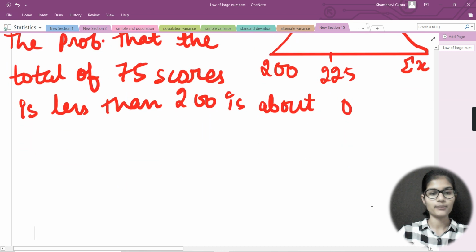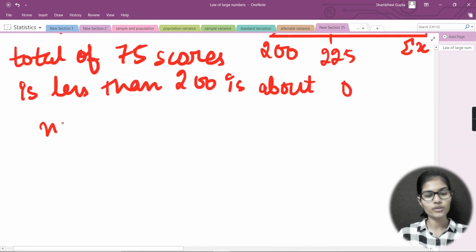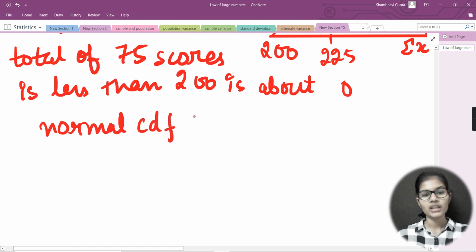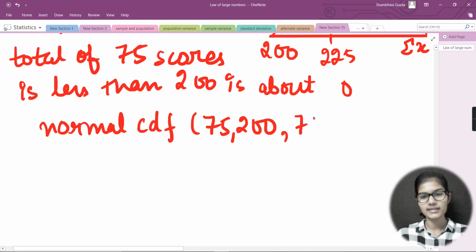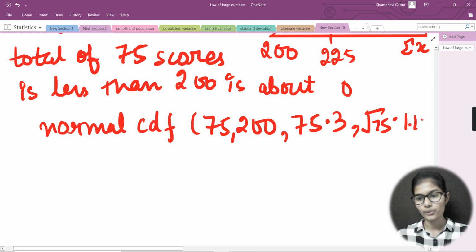Now what next can I compute from here? I can compute my normal CDF, so I write normal CDF. Inside this I write the values needed. Now 200 is the starting value, so the probability should be less than this much, that is 200, and then this is my 75 dot, it is a dot, not the point sign. 75 was my n multiplied by mu x, and it is under the root of n, multiplied by 1.15, right?